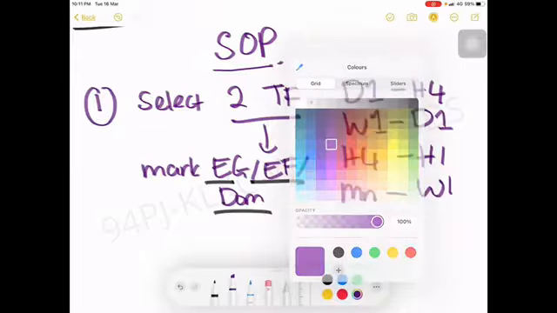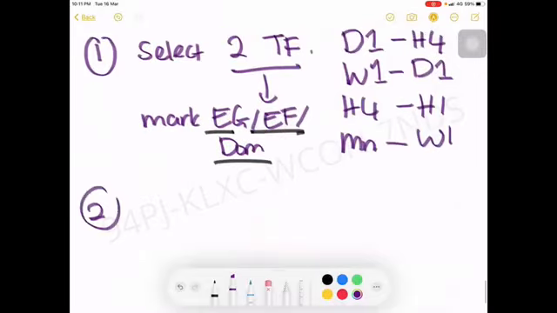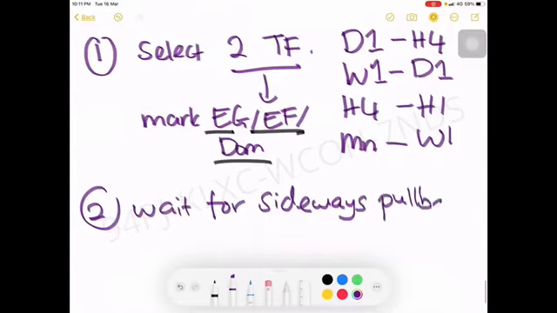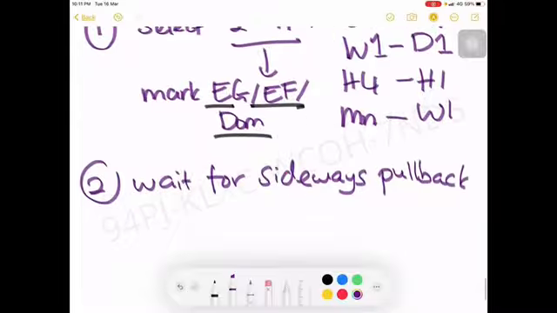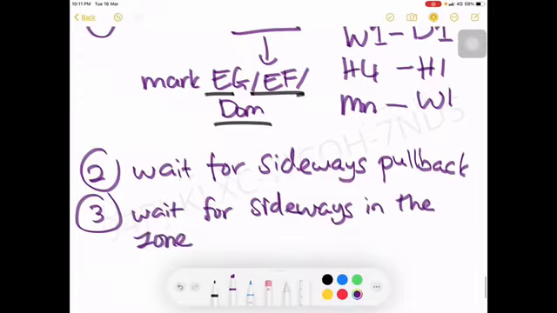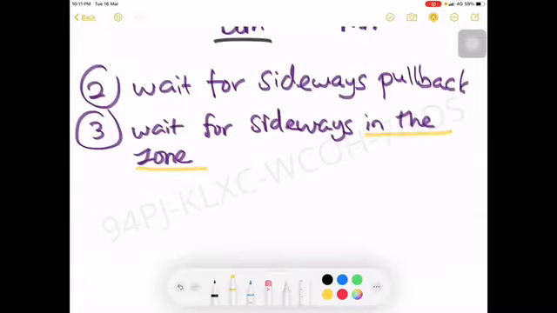Two. Wait for sideways pullback. Number three, wait for sideways in the zone.